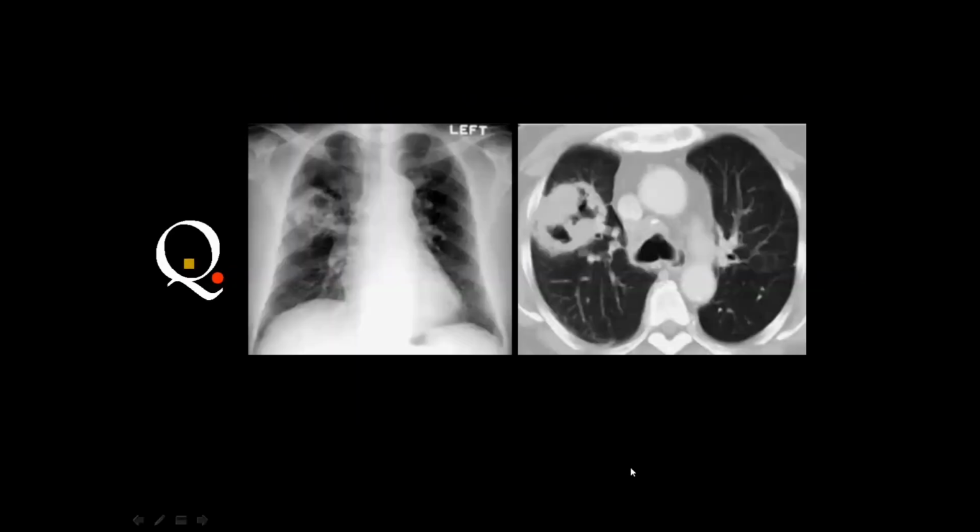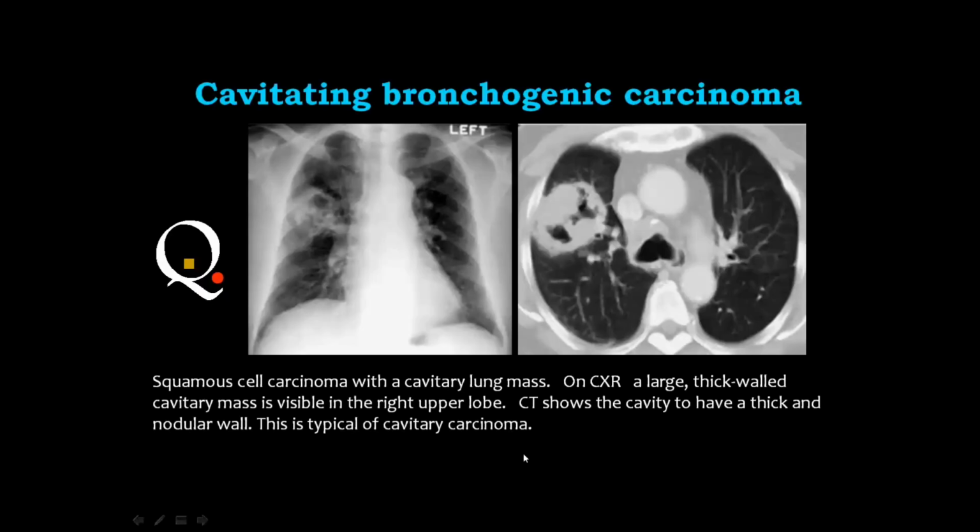Next case is a lesion, and this is the progression of the lesion in the right upper lobe. Yes, this is right. This is bronchogenic carcinoma, a cavitating bronchogenic carcinoma.